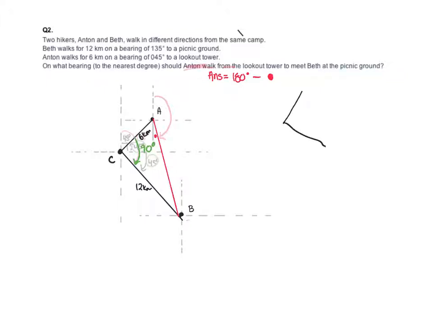I've got this triangle. And I know that's a right angle, and I know this is 6 kilometers and that's 12 kilometers. They also told you that this was 45. Doesn't it make that bit 45 as well? Yeah? So in there, I'm going to rub out a little bit.